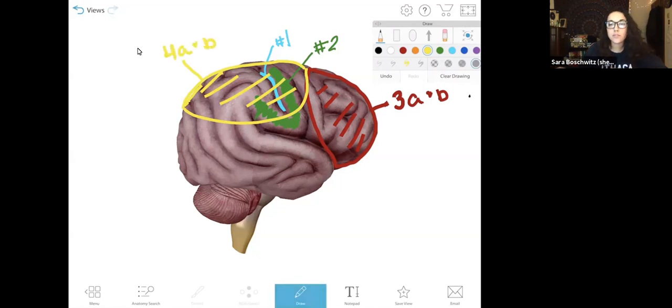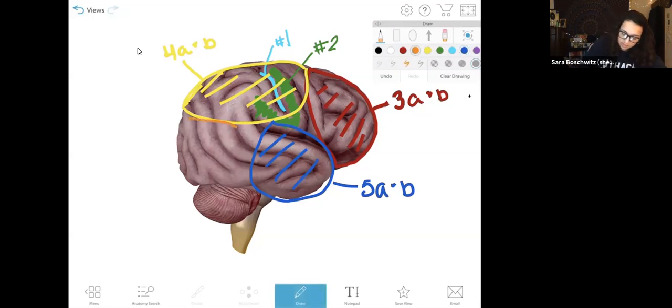So structure and function. Again, structure and function. And lastly, structure and function.